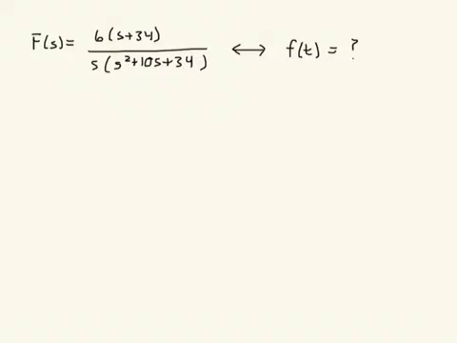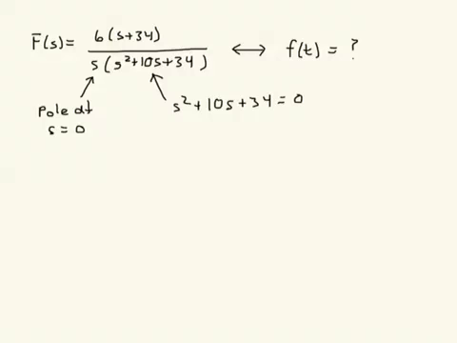So in order to solve for the partial fraction expansion, we first have to solve for the roots of the denominator of this equation. So let's do that. It's fairly easy to see that there's one root or pole at s equals 0, and then the other two poles, since this will be a third order equation in the denominator, will be given by the equation s squared plus 10s plus 34 equals 0.